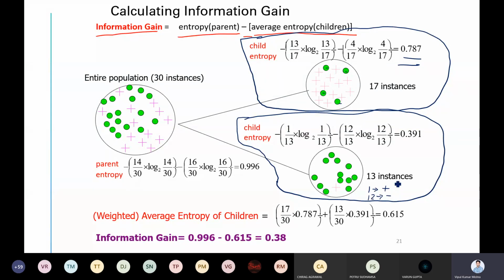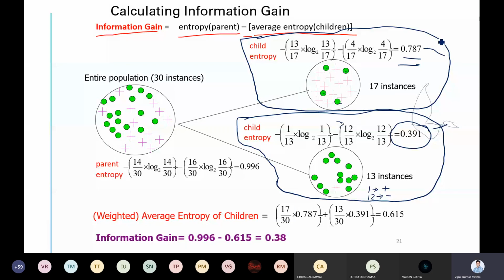Based on that, the entropy is minus 1 divided by 13 log base 2 of 1 divided by 13, minus 12 divided by 13 log base 2 of 12 divided by 13, and you got this number. So you got entropy for child 1 and for child 2.